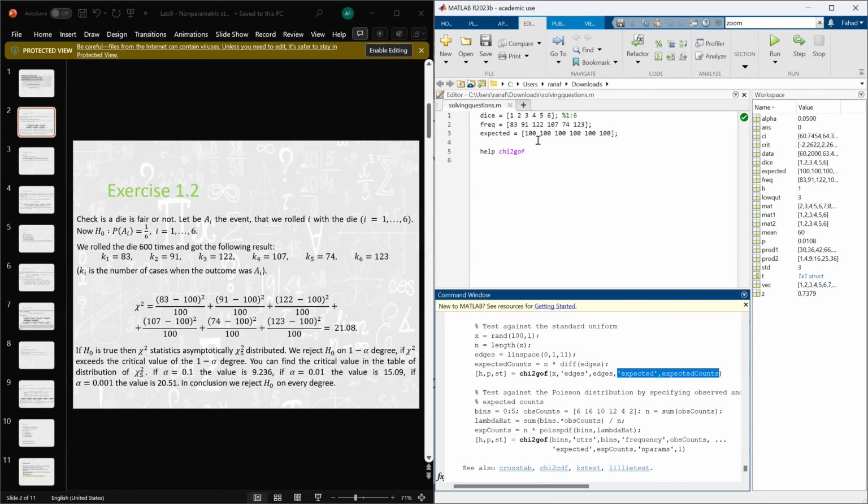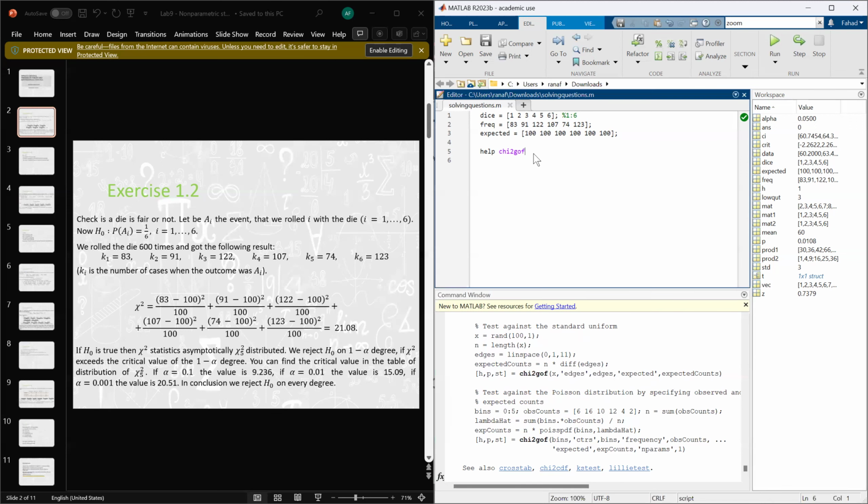Expected is the expected values that we should get, and frequency will be the actual values that we get. So now we do it. And as you know, the outputs that you get from chi2gof, the chi-square test, are H, P, and stats. Stats is just a bunch of statistics related to the test.